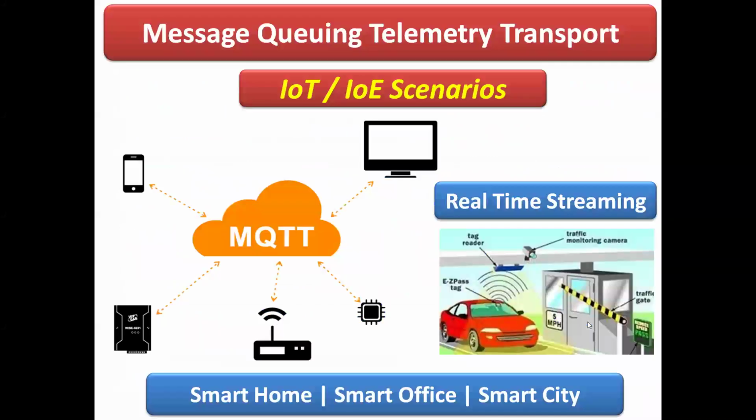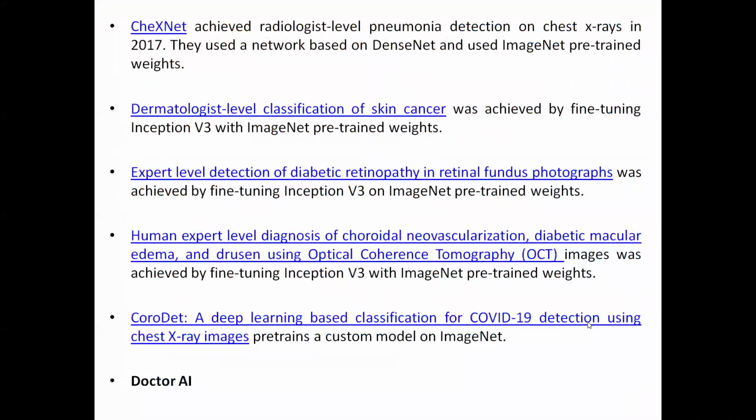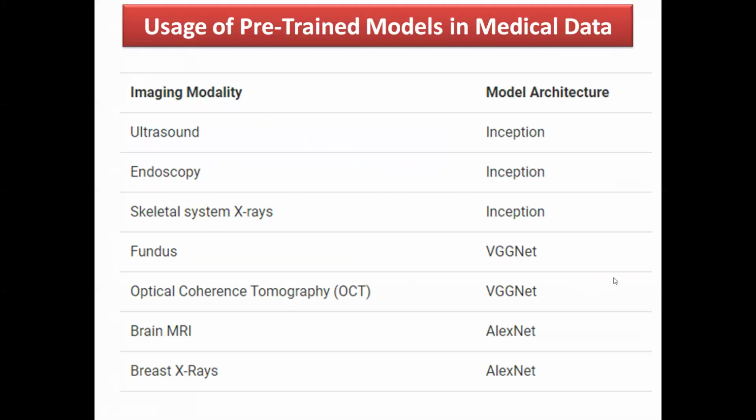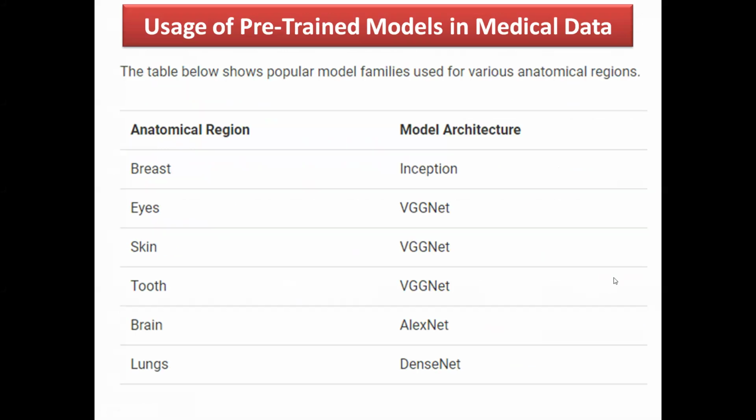At the end of this session I will share this presentation with all of you. If you are working on chest X-ray, then CheXNet; for dermatology based implementation, Inception v3. For different types of diseases, problems and datasets, we have to select a particular pre-trained model.